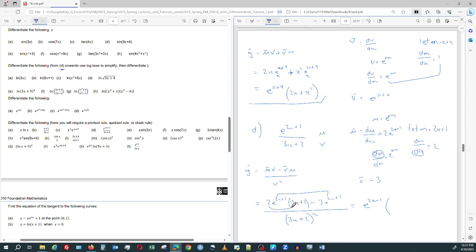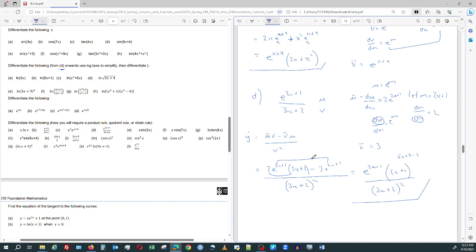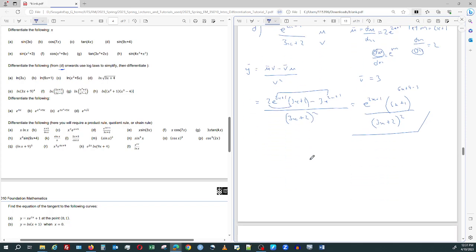Now I can do that expansion. 2 3s are 6x plus 4. 6x plus 4 minus 3 is 6x plus 1, over the bracket squared. That's your final result. Okay, so just plodding your way through them, walking towards them, keeping it simple. Okay, that's all you need to do.